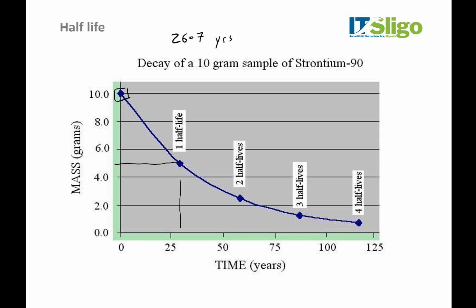Over the same period of time, again another 26.7 years, half of that 5 grams would have decayed. We've now got 2.5 grams. Another period of 26.7 years passes. We've now got half of that again, 1.25 grams, etc.